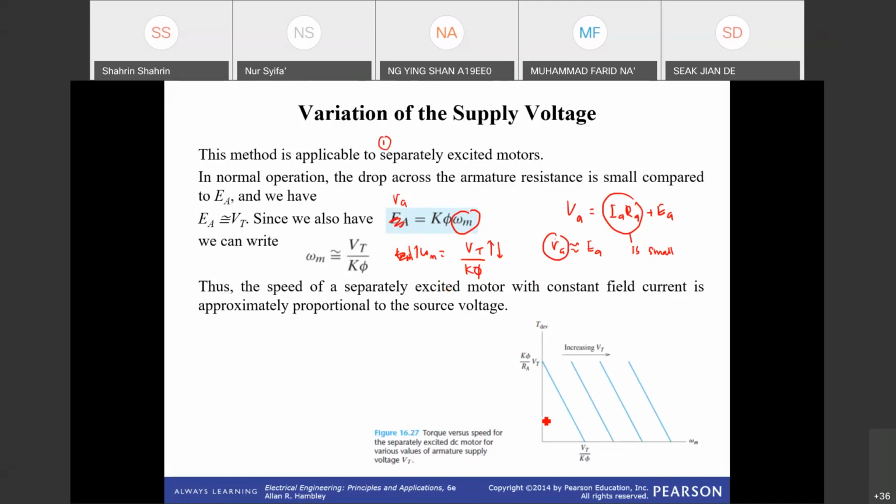When we plot the torque versus speed of the motor, by increasing the armature voltage, you will have a different torque speed characteristic. For example, this is the V1 characteristic, and when you increase the voltage to V2, you will have this characteristic. And when you increase the terminal voltage further to V3, you will have this characteristic and so on. I hope you understand this one.